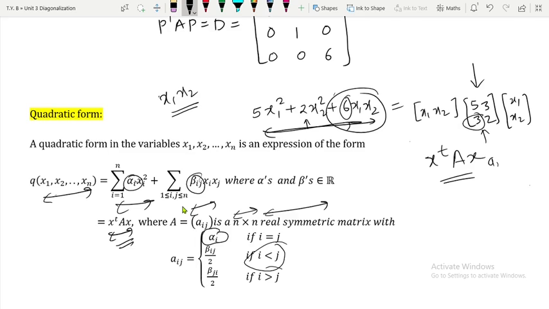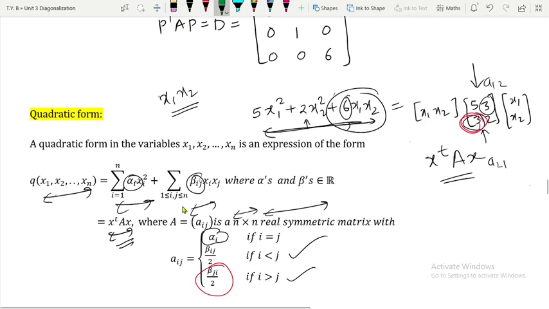What is this entry? A21, and what is this entry? A12. So i less than j means above the diagonal, right? So these are the entries above the diagonal, and these are the entries below the diagonal. It is one and the same actually, because what will be my a12? a12 will be beta 12 upon 2, and what will be my a21?